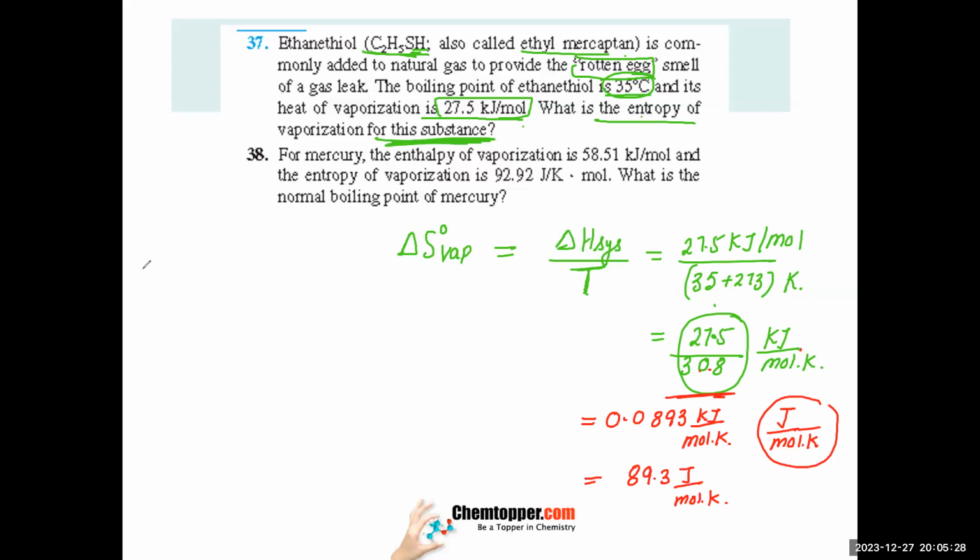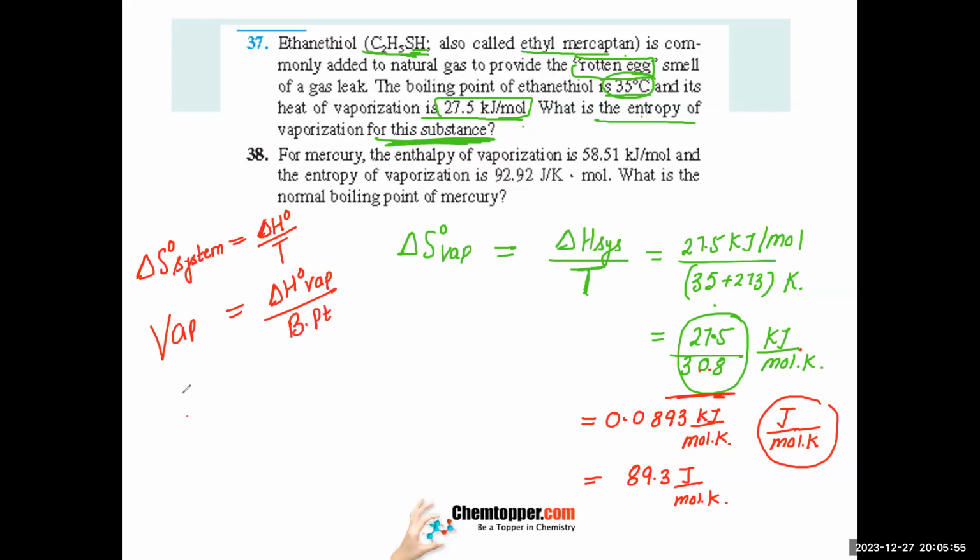So I'm giving you now a new equation: delta S naught of the system, not surroundings. I'm not talking about surroundings now. It is delta H naught over the temperature. If you are talking about vaporization, meaning boiling, then it will be delta H naught vaporization over the boiling point.